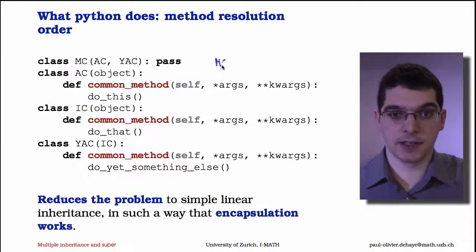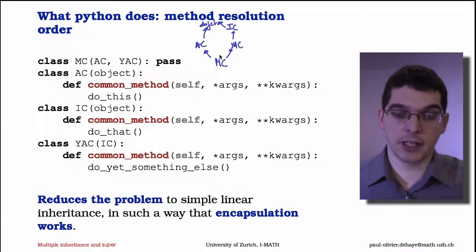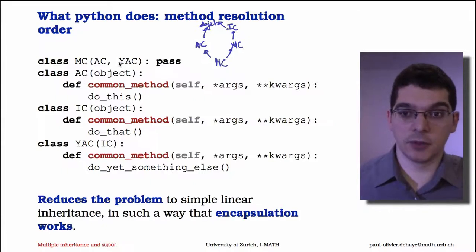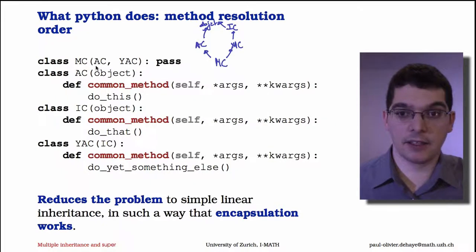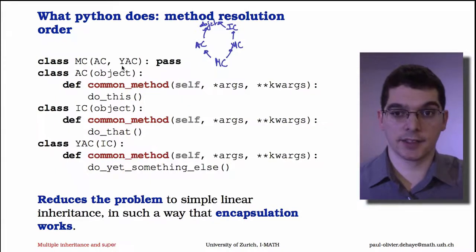So MC depends on another class, and this depends on yet another class, and this guy depends on the intermediate class, and they both depend on object.